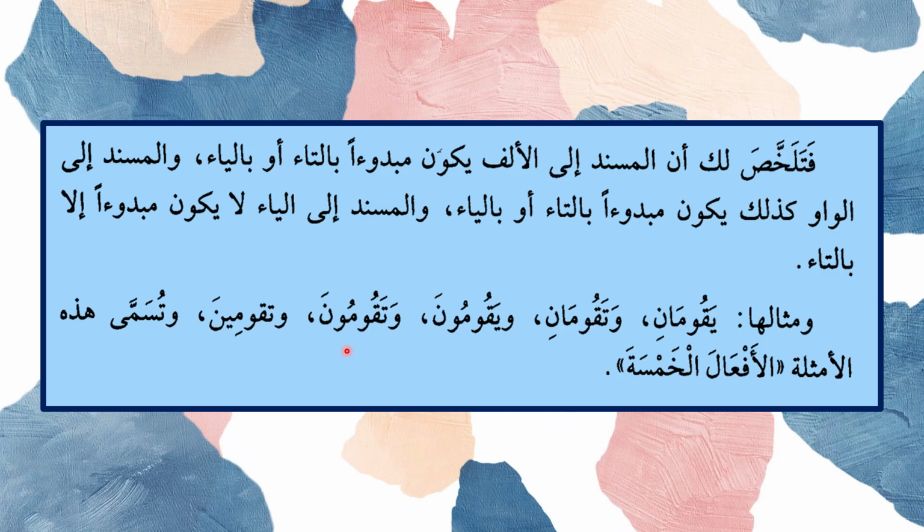And taqumun, this is male plural in the mukhatib group. And taqumin, it starts with only the letter ta, because this represents only female singular in the mukhatib. So that's why it only starts with the ta. All these are named as af'al al khamsa.